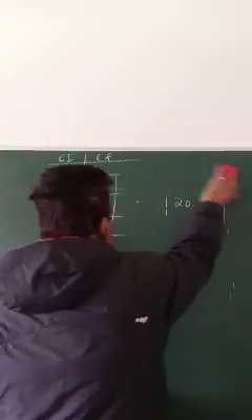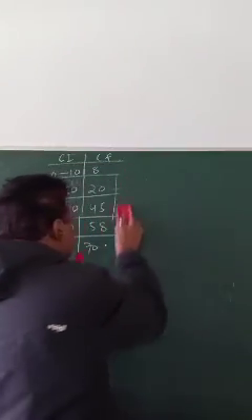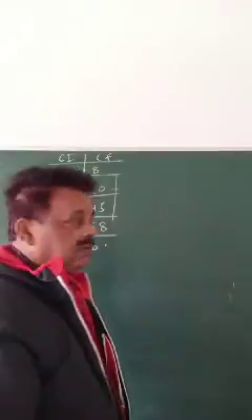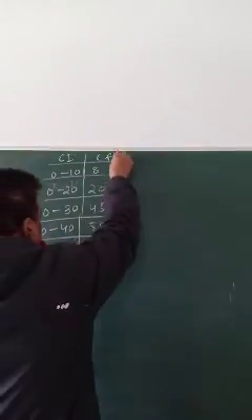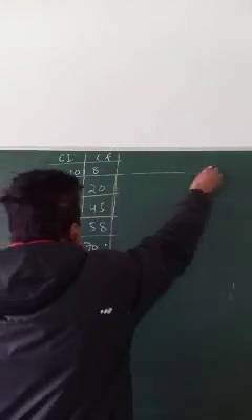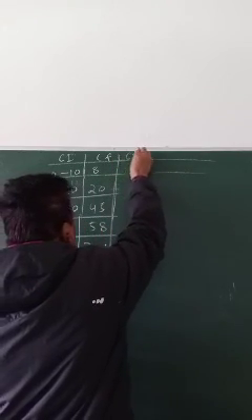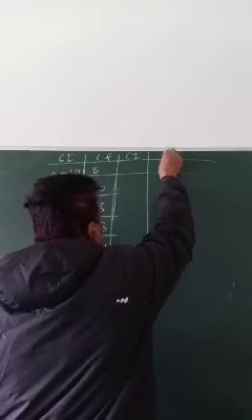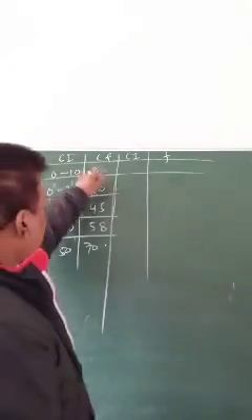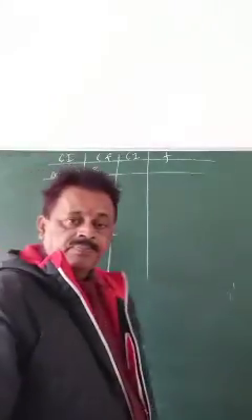Okay, the problem here is you have to break up. Look at here. You have to write again the class interval, then you have to write frequency. This is cumulative frequency, right?